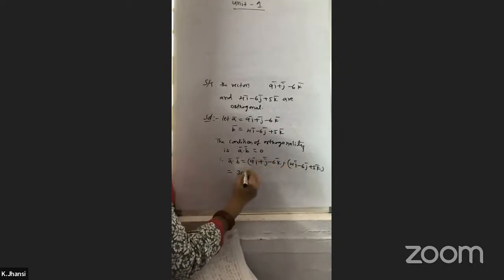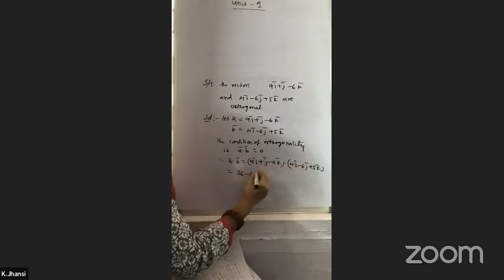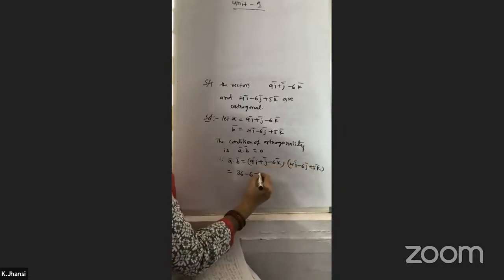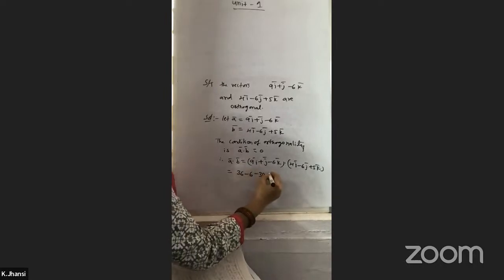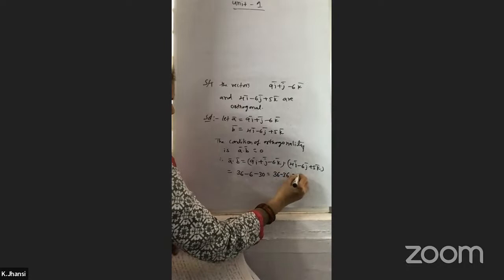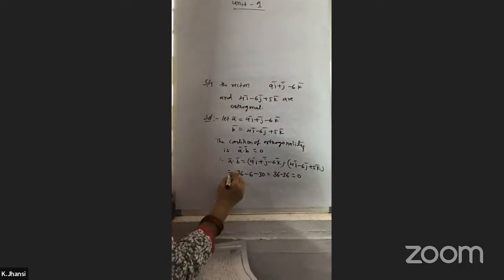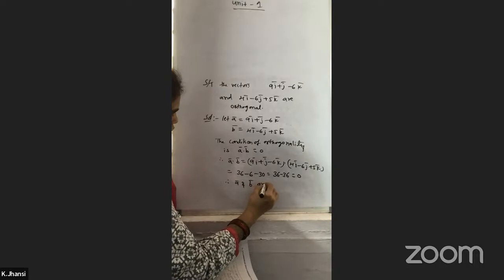Plus, minus 1 into 6, so minus 6. Next, minus 6 5s are 30, so minus 30. Minus 6 minus 30 means you will get minus 36. Plus 36 minus 36 equals 0. So it is satisfying the condition of orthogonality. Therefore, vector A and vector B are orthogonal.